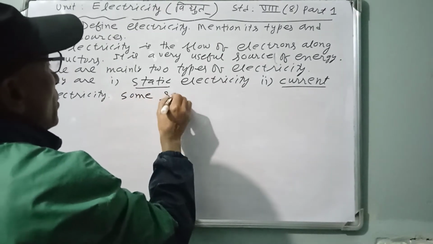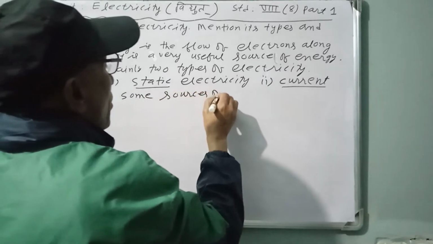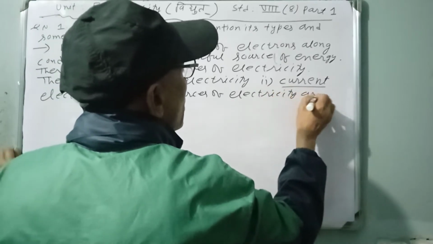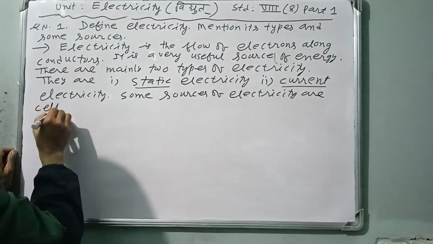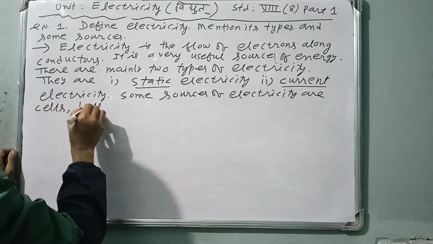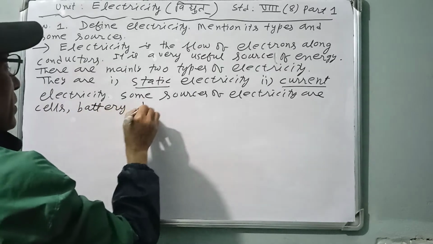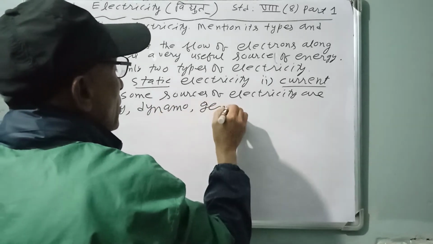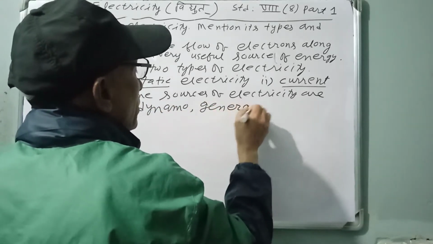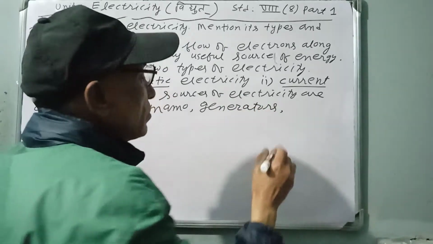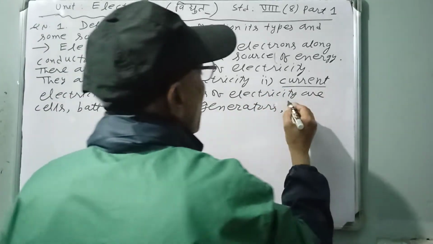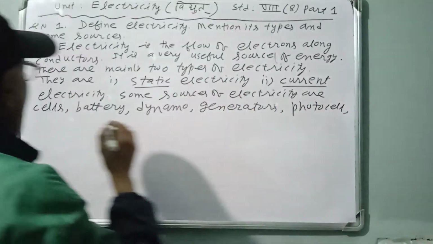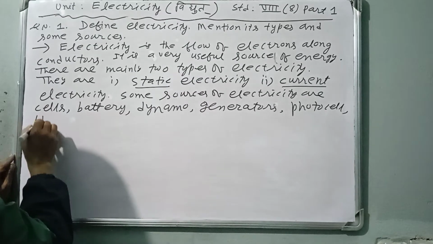Some sources of electricity are cells, battery, dynamo, generators, photocell or solar panel, thermal plant.